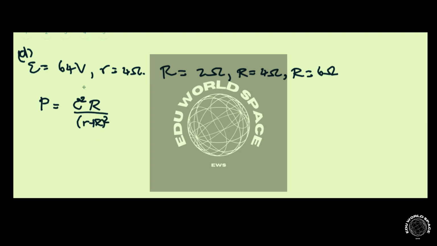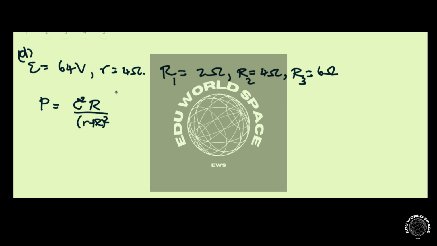So this was the equation that we had earlier. And so all we need to do is for each value of the resistor, we just plug it in here. So remember the EMF and the internal resistance of the battery, they're constant. So those things are not changing. It's just the value of the resistor that's changing. So let's call this 1, 2, and 3.